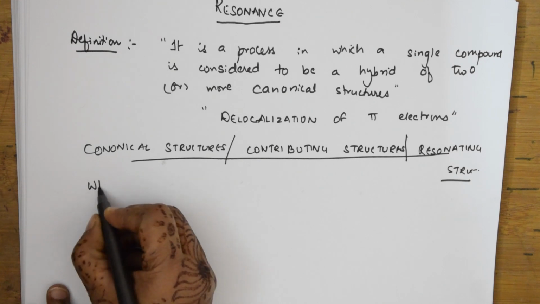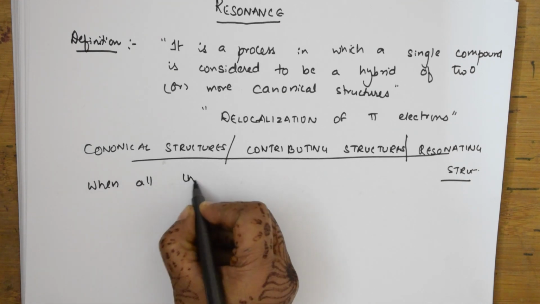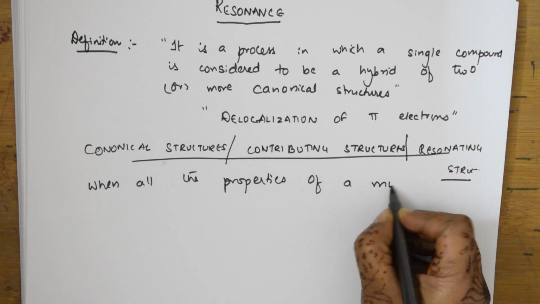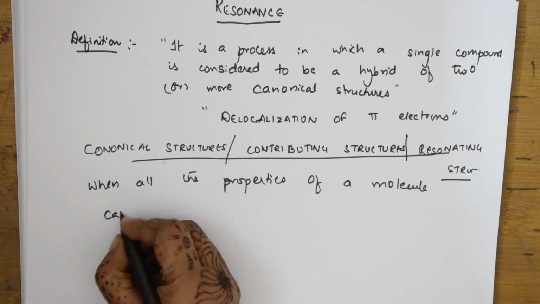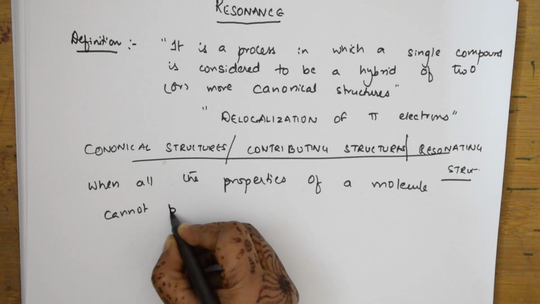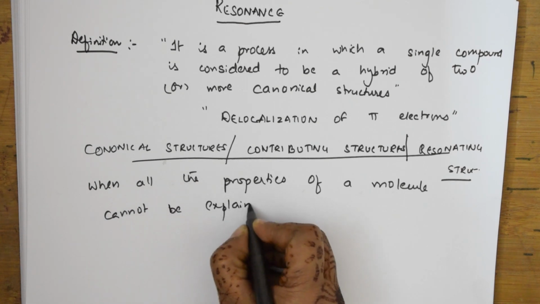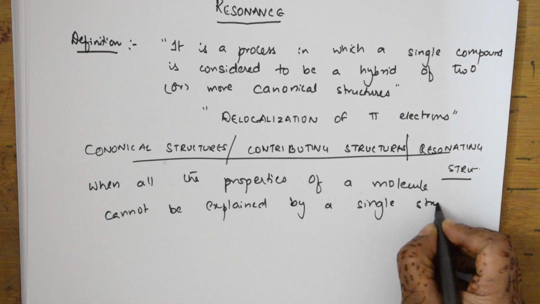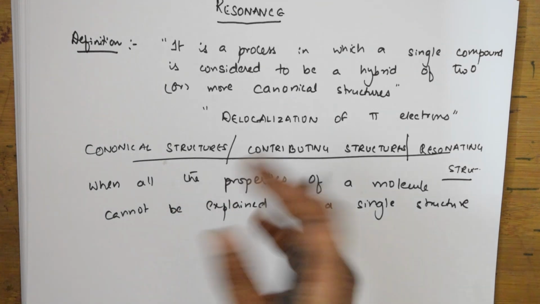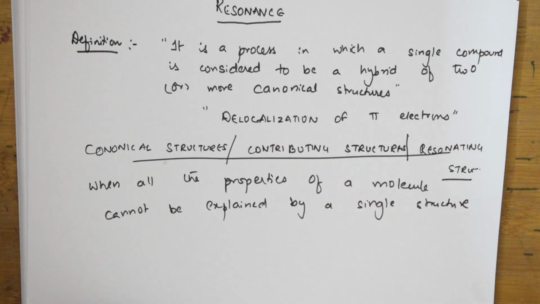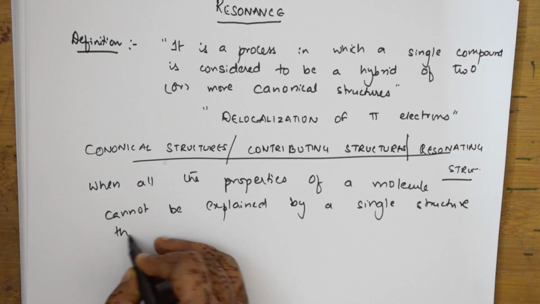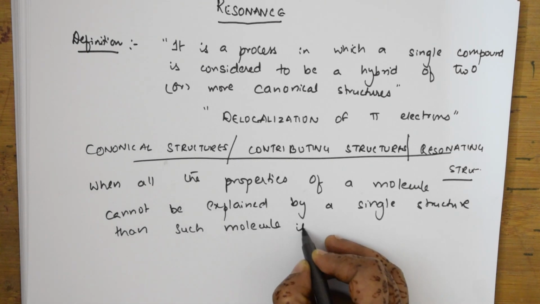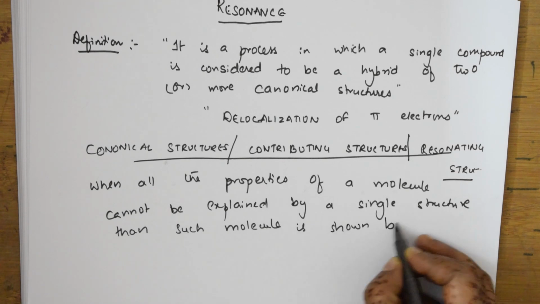So what are canonical structures? When all the properties of a molecule cannot be explained by a single structure, then such a molecule is shown by many structures.